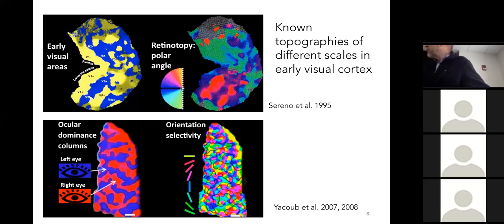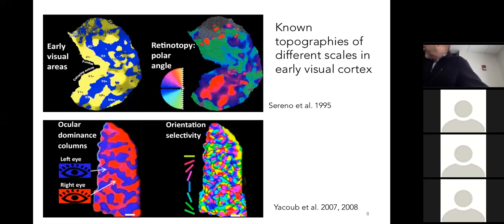And this shows the location of ocular dominance columns. So the red patches are pieces of V1 that get input from the right eye, and the blue patches are pieces of V1 cortex that get input from the left eye. And this is a 1 millimeter spatial scale. So you can see these ocular dominance columns are about 1 millimeter or so across.